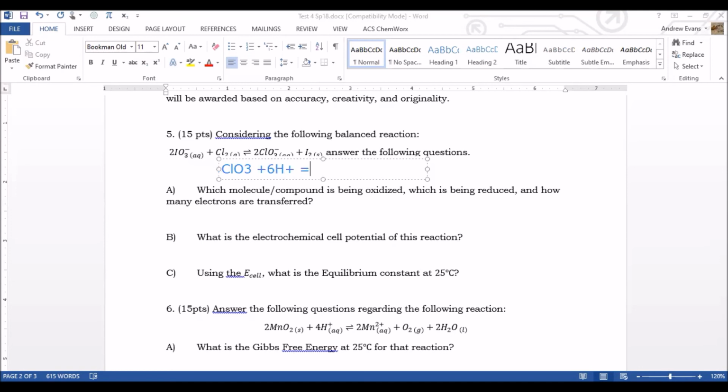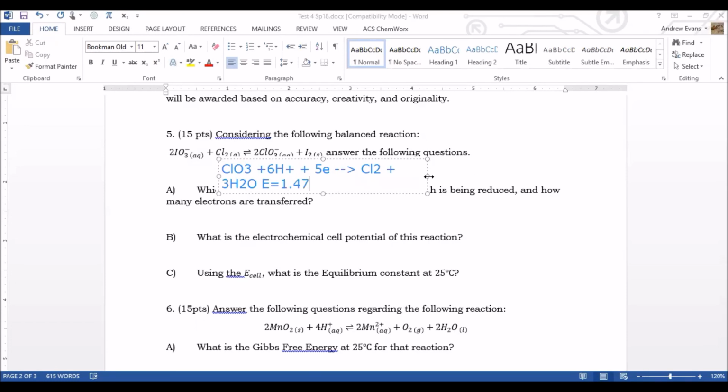6H plus 5 electrons goes to Cl2 and 3 water, and that with the E is equal to 1.47. Okay.